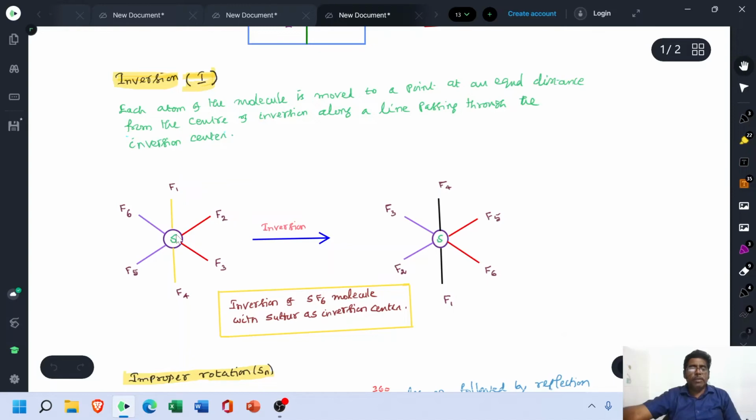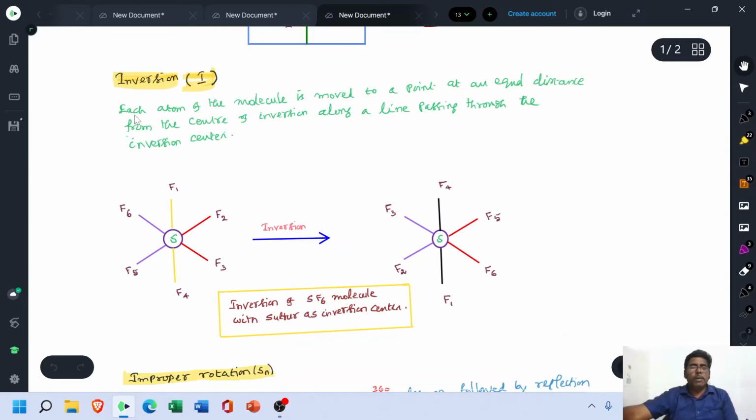Keeping this sulfur, if you perform inversion of these two fluorine atoms, then this is F3, this is F6. If you carry out the operation for all the fluorine atoms with respect to S, the same structure is once again arrived. Even after the inversion process of the fluorine atoms with respect to sulfur, there is no change in the structure of SF6 molecule.